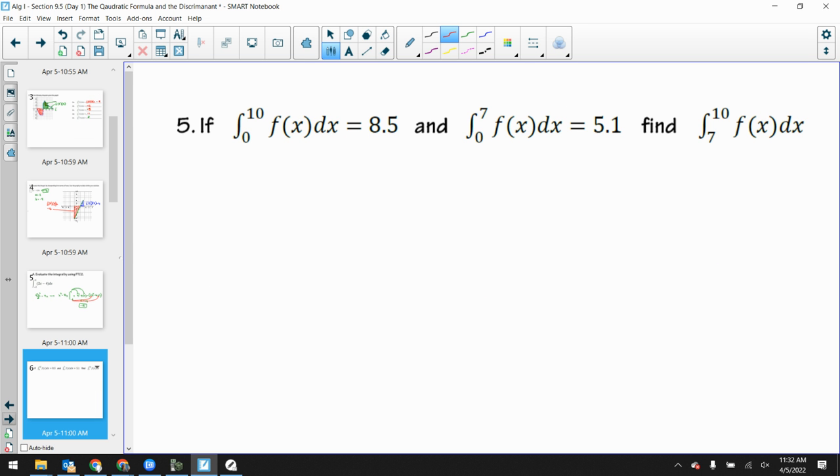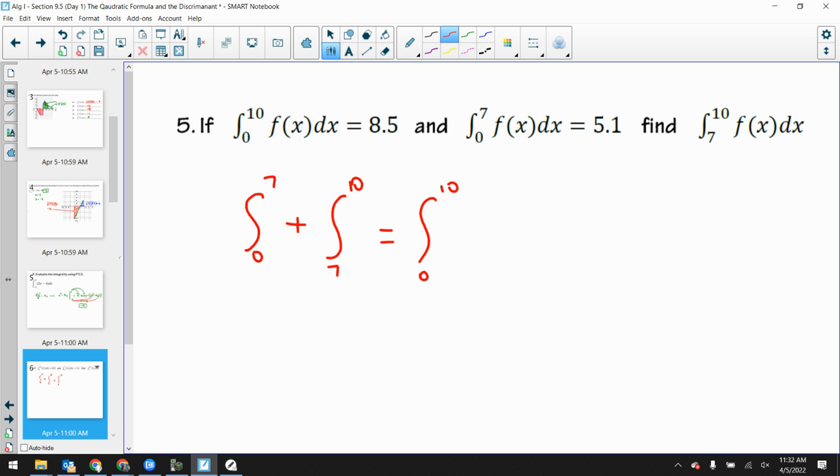All right, take a look here. Remember, there's this property of integrals where the sum of two integrals equals the total, and the areas work the exact same way. Look what I have here: the integral from 0 to 10, 0 to 7, and then 7 to 10. This plus this is equal to this.